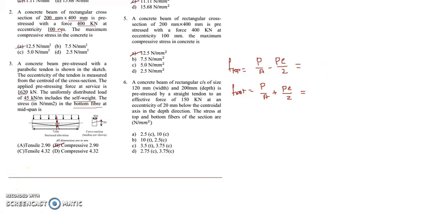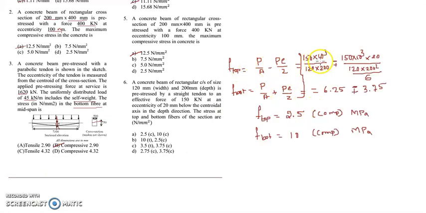So substituting the values here, P is 150 kilonewton divided by area 120 by 200. The minus is for the top, it will be negative, and for the bottom it's going to be positive. So both are going to be the same, only the sign will differ for the top and the bottom fibers.